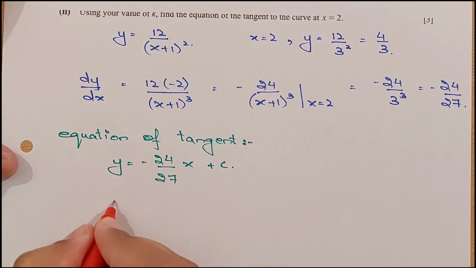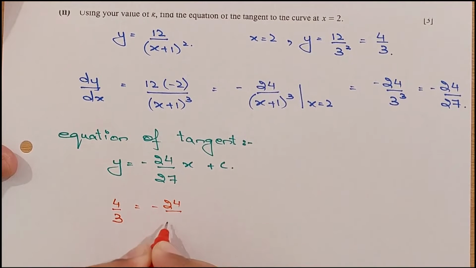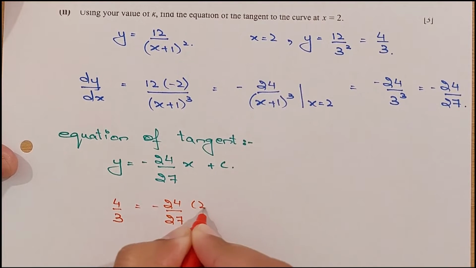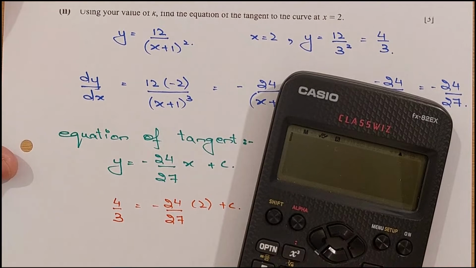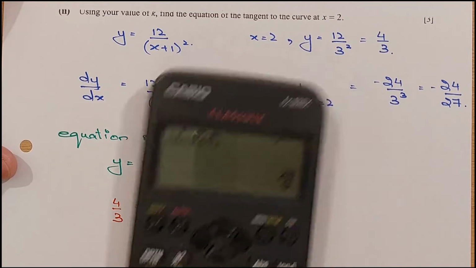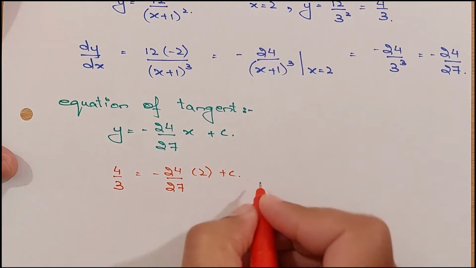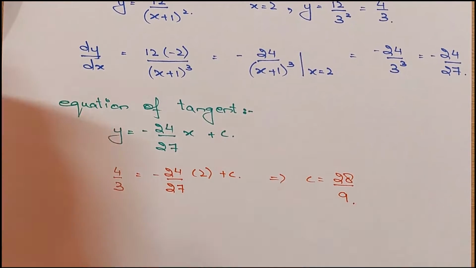So 4 by 3 equals minus 24 over 27 times 2 plus c, right? So let me simplify. 2 times 24 divided by 27, shifting over here, it is positive, and then plus 4 by 3. c is 28 by 9. So the c is 28 over 9.